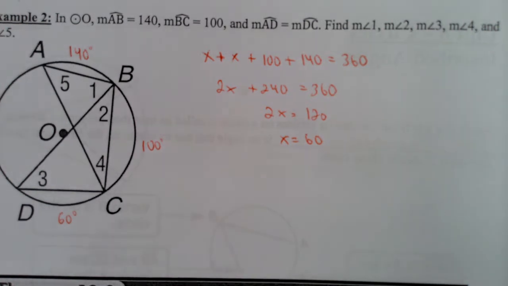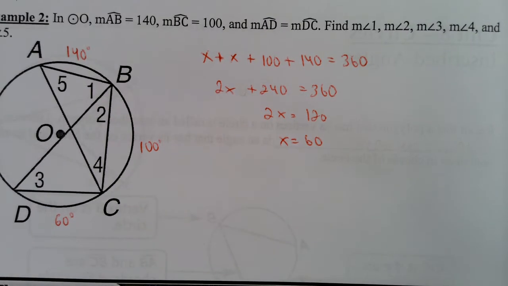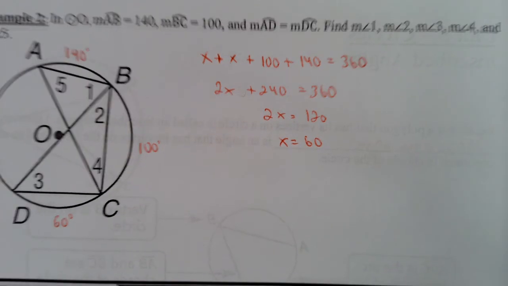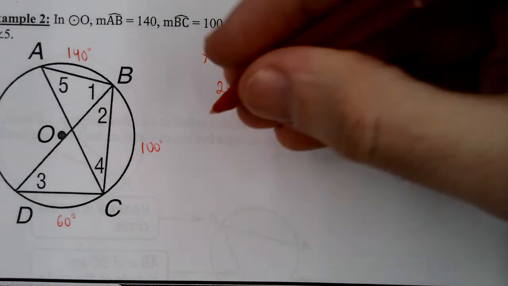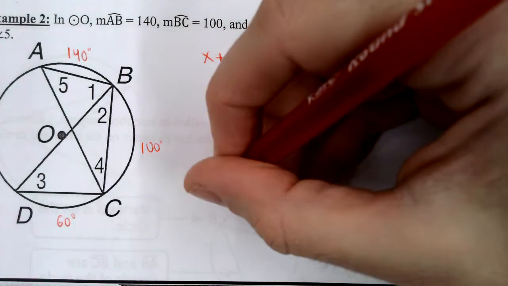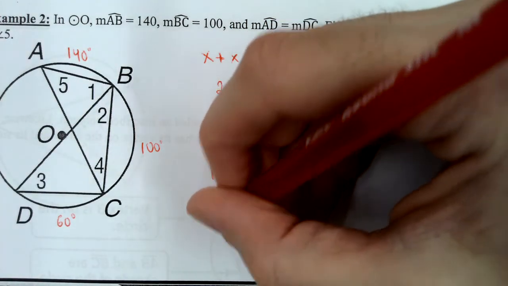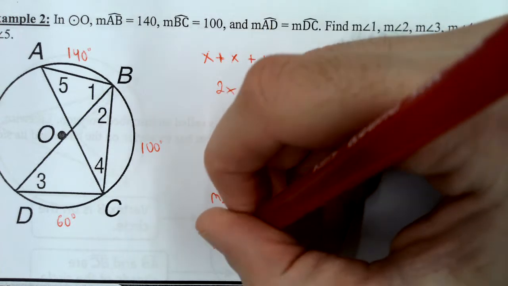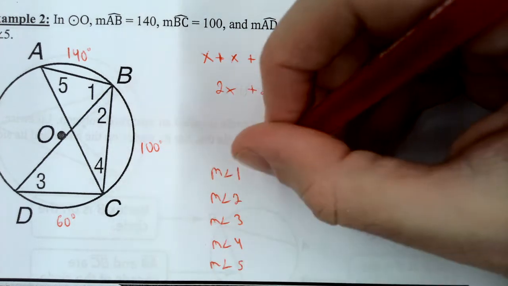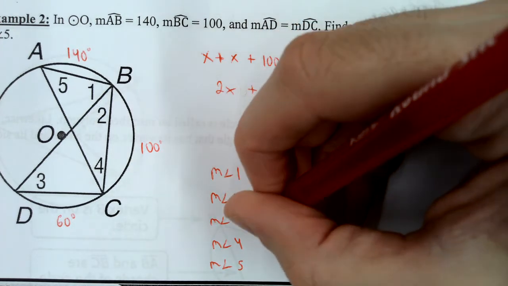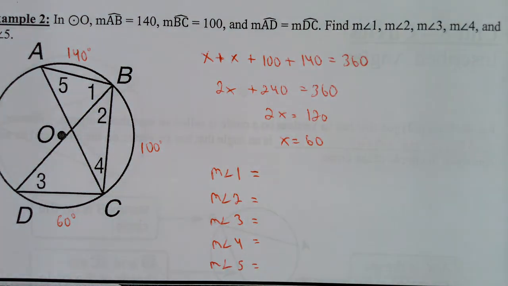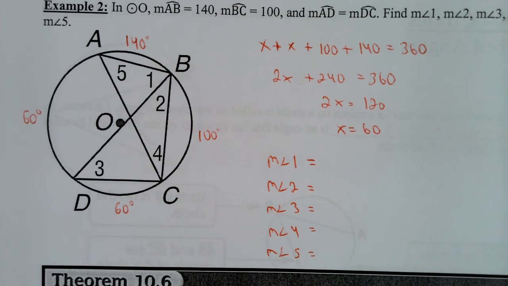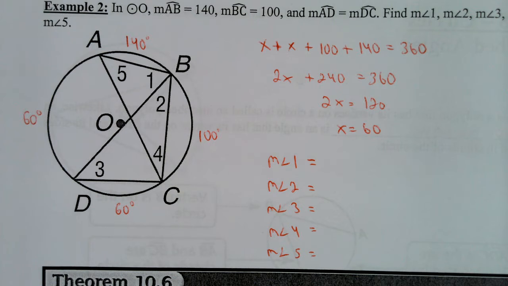Measure of angle 1, measure of angle 2, measure of angle 3. Angle 1 is an inscribed angle.